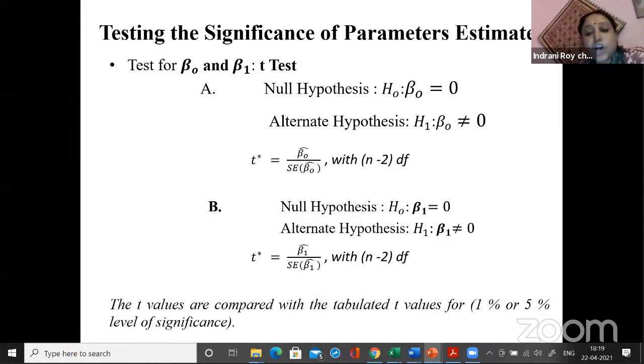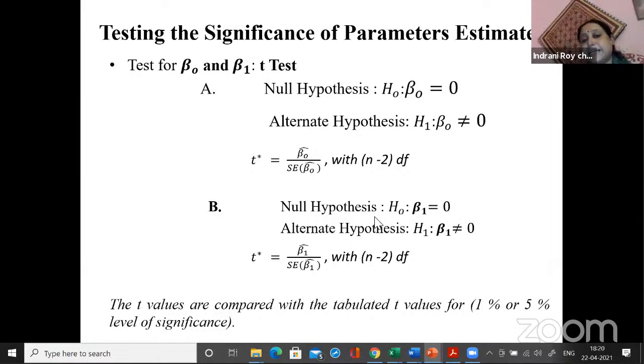Something multiplied by xi, if beta 1 is 0, then 0 multiplied by xi is always 0, so that part will disappear. That means xi as an explanatory variable fails to explain the variability of y. So y and x are not causally related.